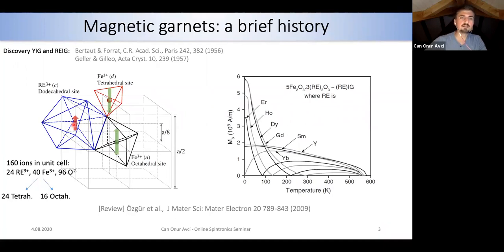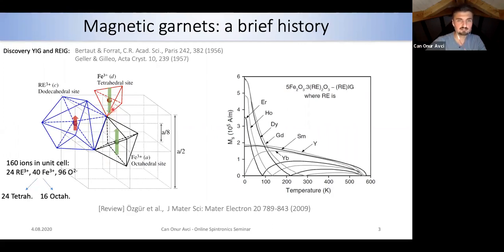The magnetism occurs due to the super-exchange interaction between this tetrahedral and octahedral site through this connecting oxygen ion that is here. And this is the strongest interaction in this material. So you have basically antiferromagnetic coupling, but here you see that there are actually more tetrahedral sites than octahedral sites in the material. Therefore, it gives rise to a finite magnetism.